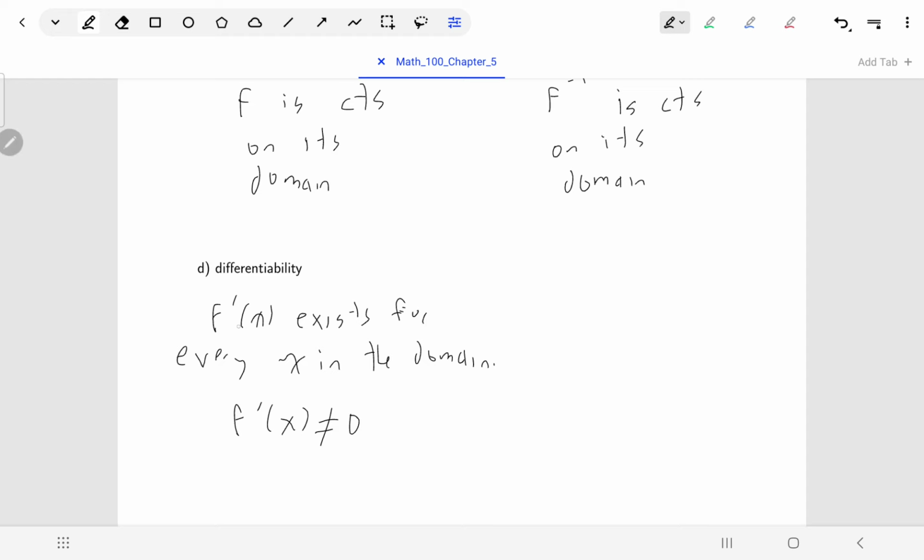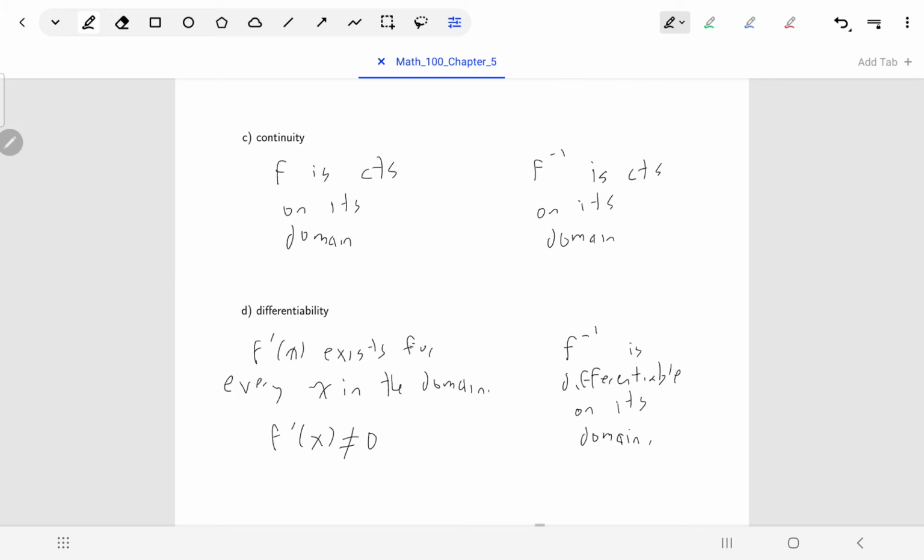And so f inverse always has a derivative and it's never 0, which means f inverse should be differentiable on its entire domain. So there shouldn't be any places where f inverse does not have a derivative.